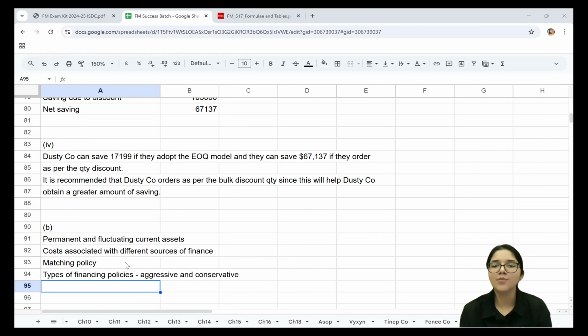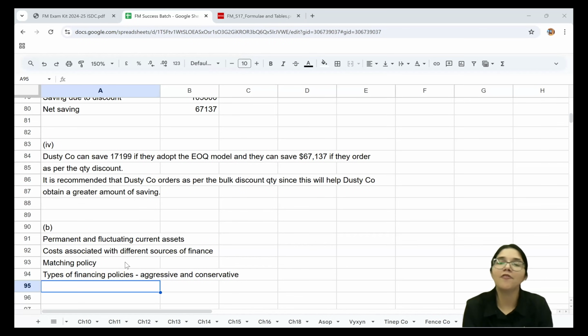So which source is more expensive, long-term or short-term debt? Long-term sources are more expensive. So if I talk about the matching policy, permanent assets I have to finance using the long-term sources.